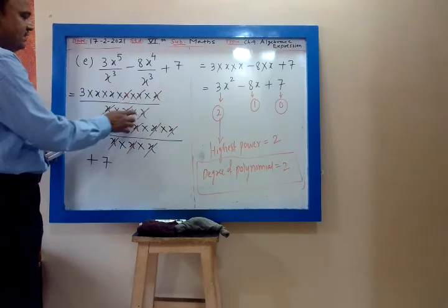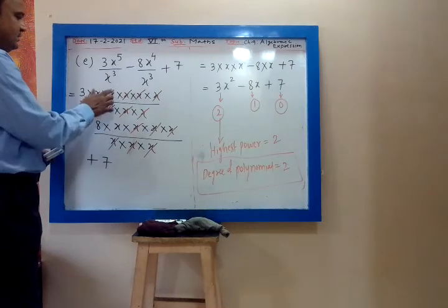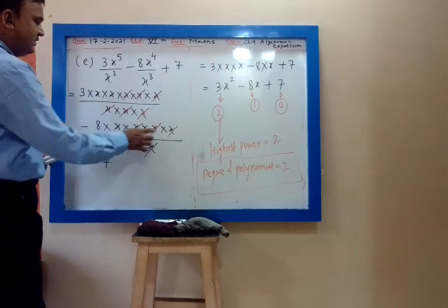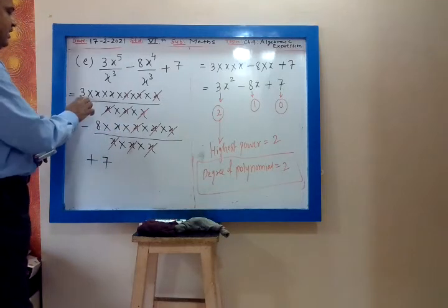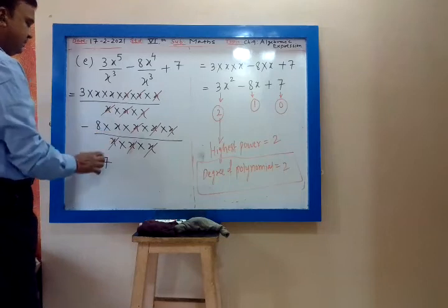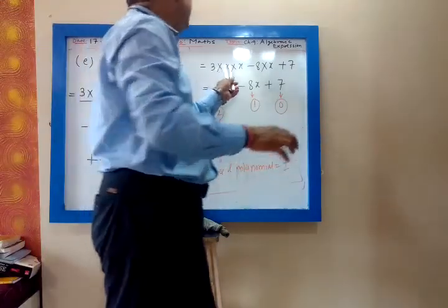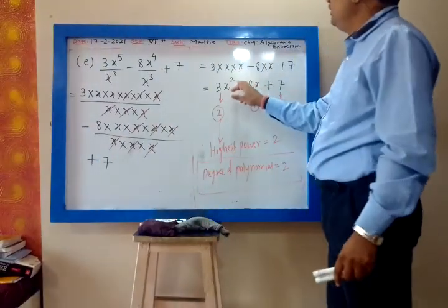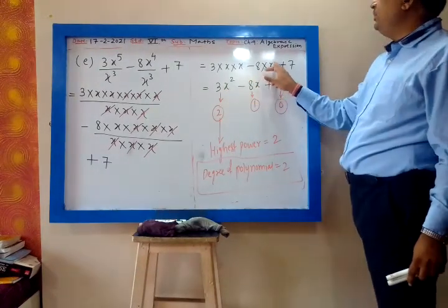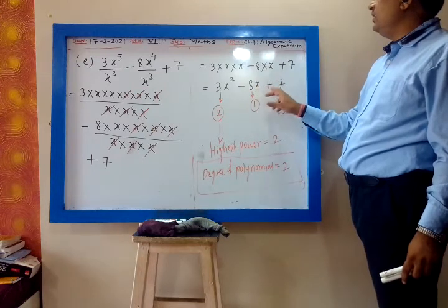X gets cancelled. Then 3 into x minus 8 into x plus 7 is left. X into x means x is multiplied 2 times, so 2 will go in the power, x raised to 2. X is multiplied once, so x raised to 1, plus 7.